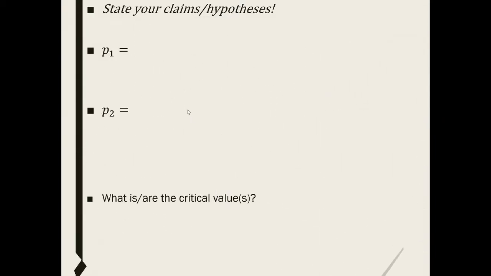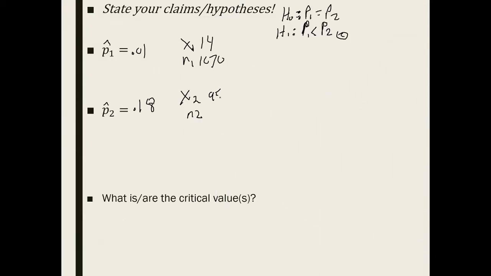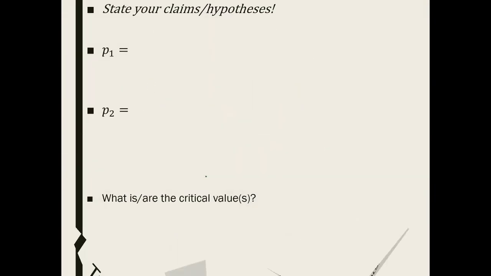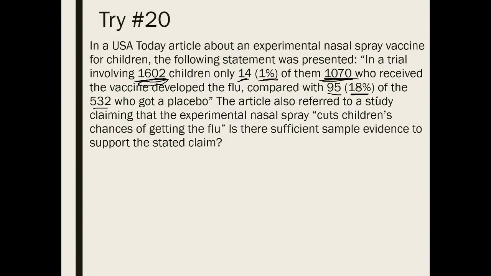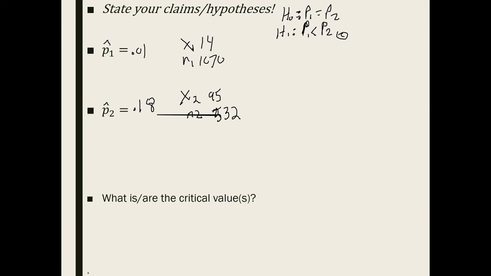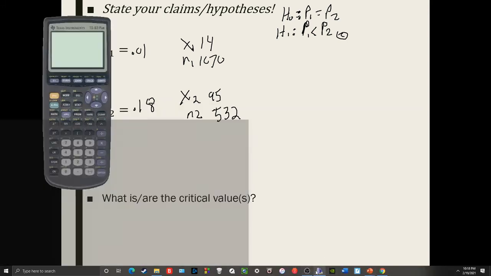So 95 got the flu out of the 532 who got the placebo. So again, there's a lot of numbers in the problem. It's helpful to write out which numbers you're going to put in your calculator. That way you don't put in that 1,602 when that doesn't belong there. Okay, so let's go to our calculator and enter in this information.